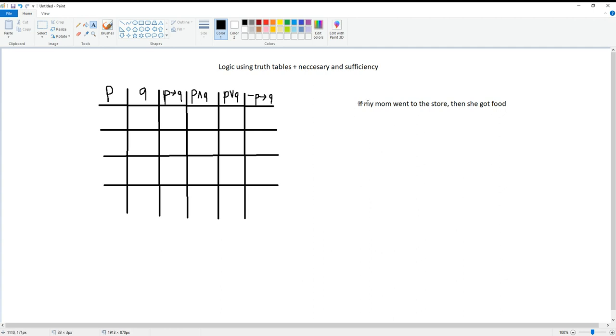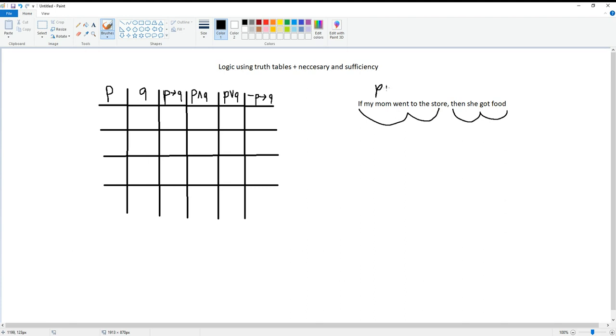So this part, the if my mom went to the store, is the if. So this is called the predicate. So it is saying that this part of the statement has to be true for the conclusion to be true.